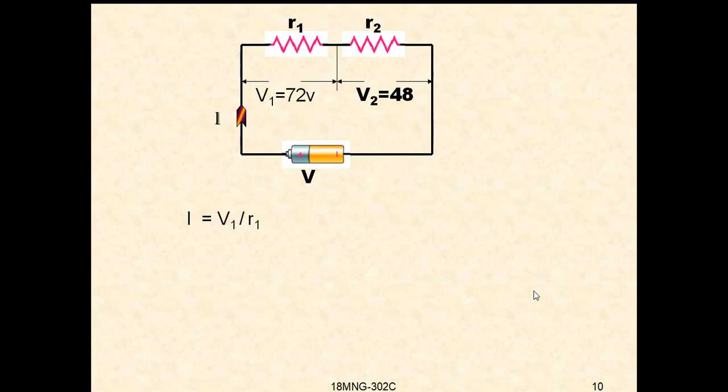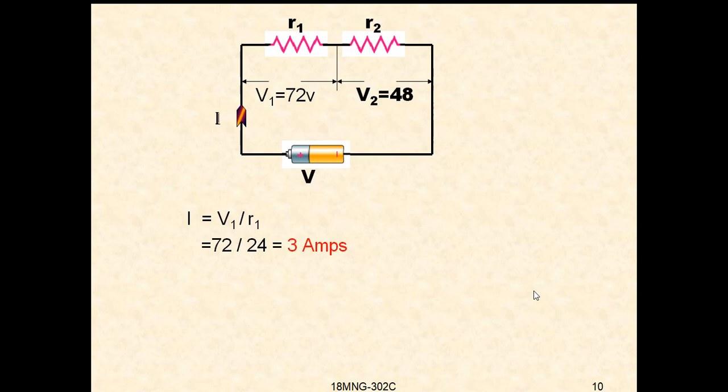The current flowing in the two resistors are same, say I, and this I is equal to V1 by R1, where V1 is equal to 72 volts by 24 ohms.